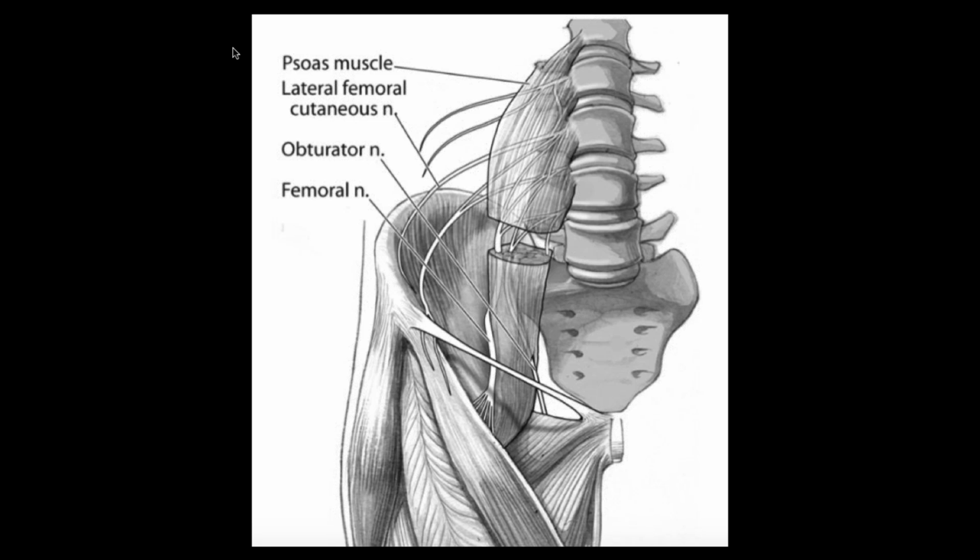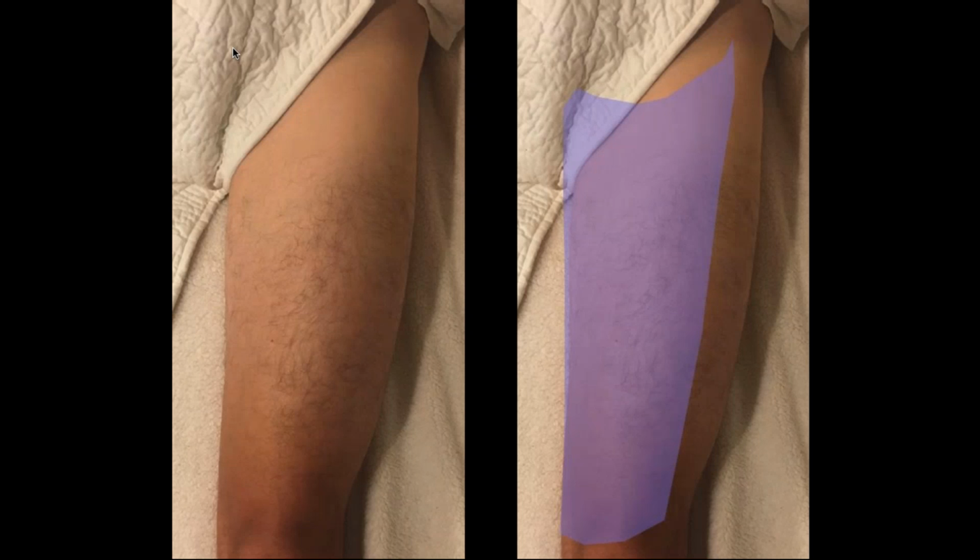So I include this slide to indicate that the femoral nerve at this level has already separated from the obturator nerve and the lateral femoral cutaneous nerve, and that explains why its cutaneous innervation is going to be separate in the areas not covered by those other nerves.